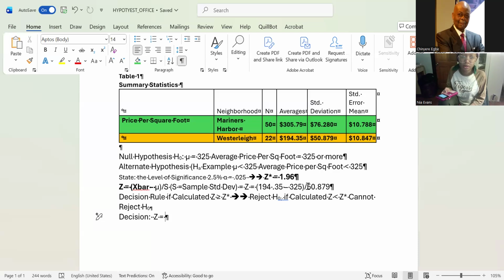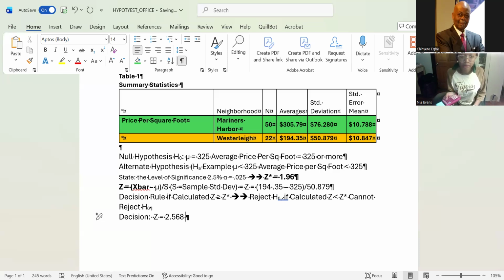325 minus 194.35 over 50.879, that's 2.568. I got a negative 2.568.